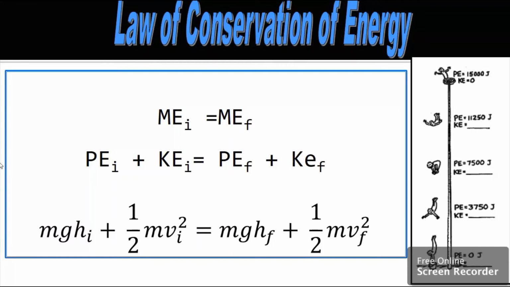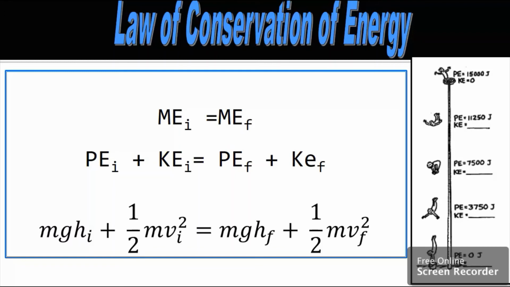So right before he lands in the bucket of water, his potential energy is 0, but his kinetic energy is the full 15,000 joules. So we know those two things are true. They're equal. And then I can expand the mechanical energy into potential and kinetic, because mechanical energy equals potential energy plus kinetic energy. So that's all I'm doing. I've got the initial condition on the left and the final condition on the right.